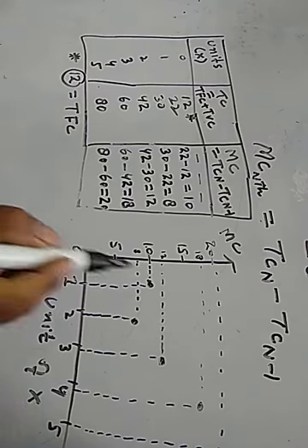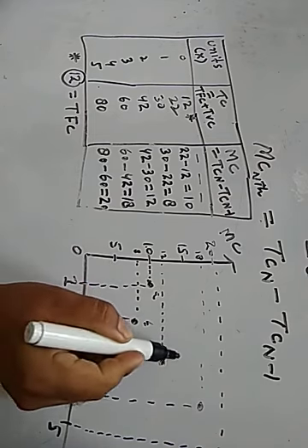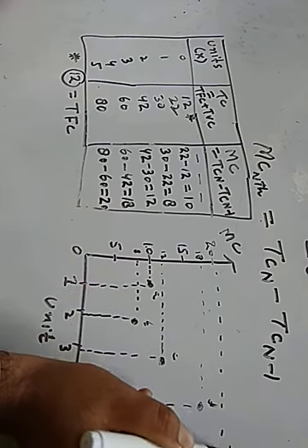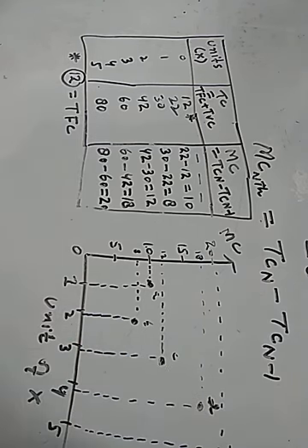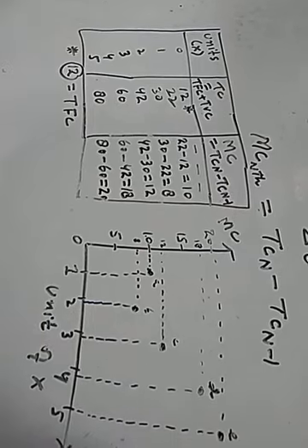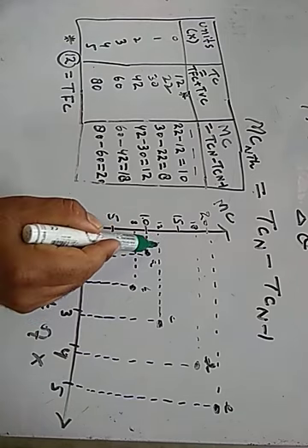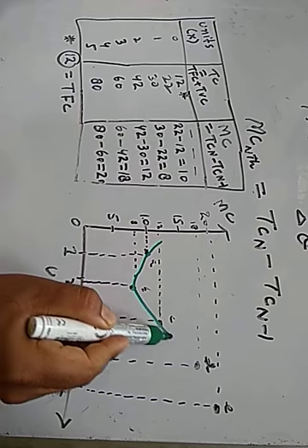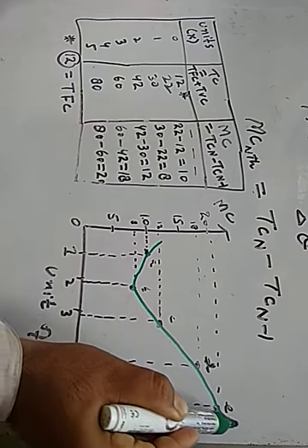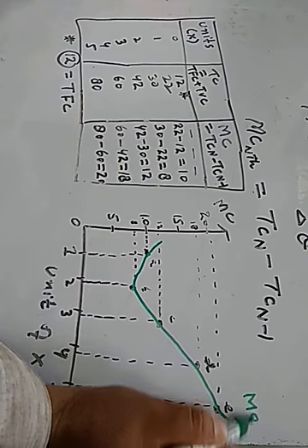Suppose point A, B, C, D and point E. Now joining these points, we will get a curve known as the marginal cost curve. This is the marginal cost curve.